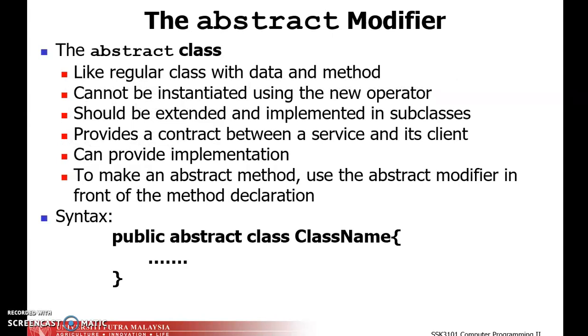What are abstract classes? And how do you compare abstract classes and concrete classes? For your information, in Java programming, there are two categories of classes called concrete class and abstract class. Listen carefully. All programs which you have learned and built before this were implementing concrete classes.